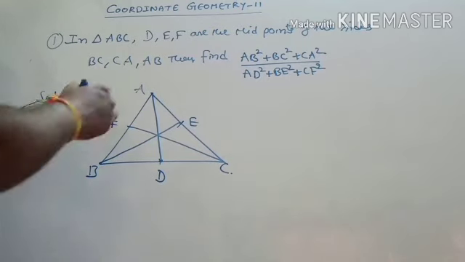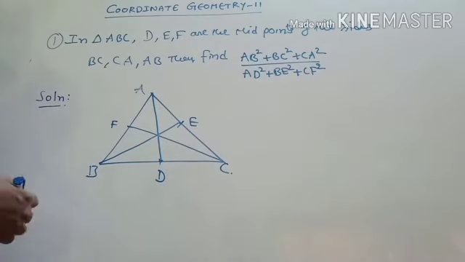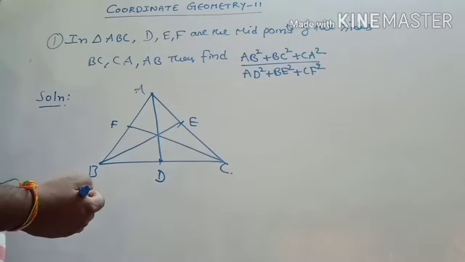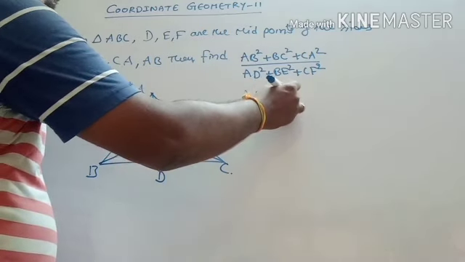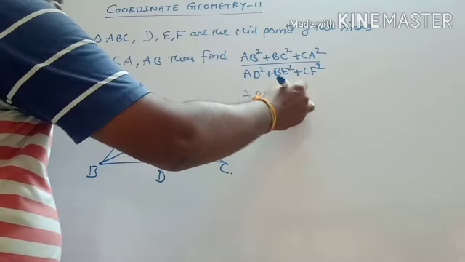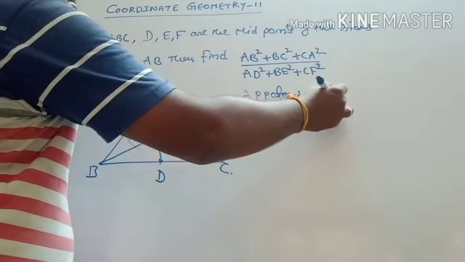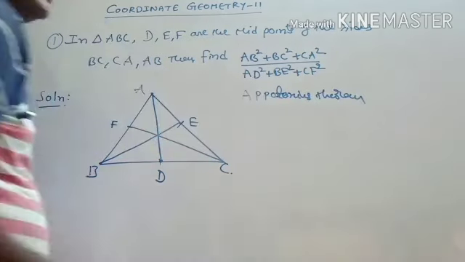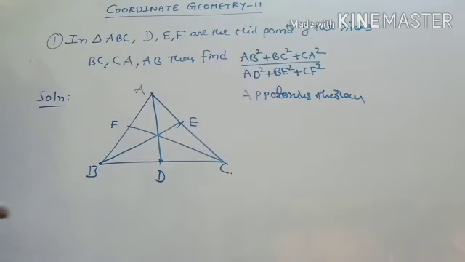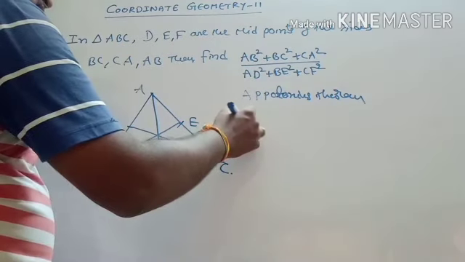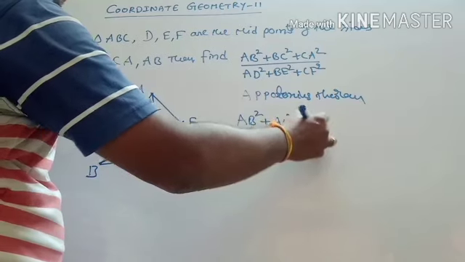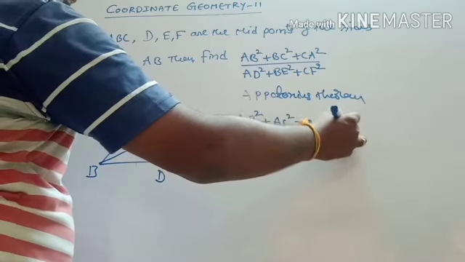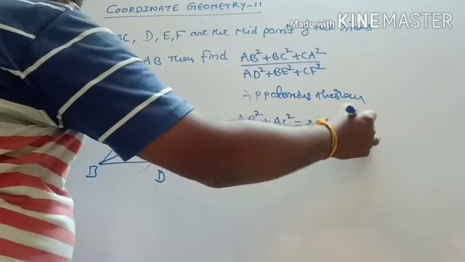We know in a triangle, we have a theorem called Apollonius theorem. By this Apollonius theorem, we get AB square plus AC square equal to 2 times of AD square plus BD square.